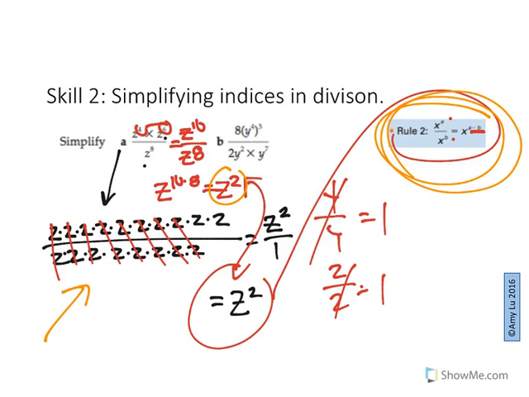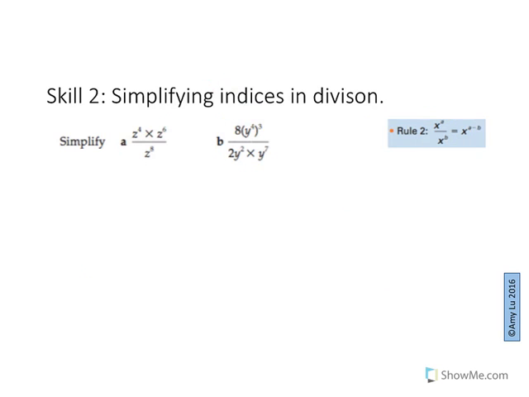Now, applying the rule from the previous page and applying this rule, can you do B? Pause. So I'm going to go ahead and expand this out in the longest way possible. You have the 8, which is just hanging out on its own. Then you have y to the power of 4, 3 times.